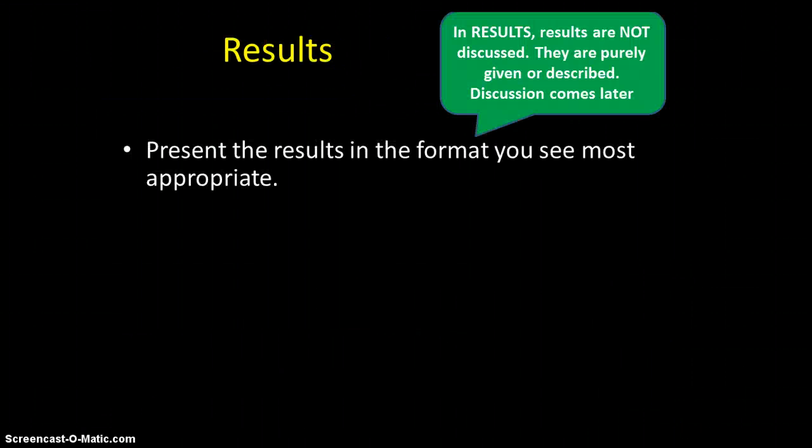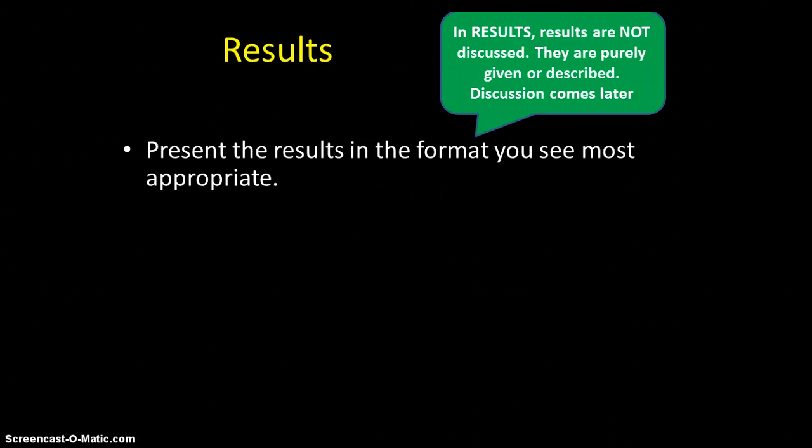So, results. You choose how to present your results, and you need to be able to justify your choices. Do not, in the results section, discuss what your results imply, purely present them in this section. You actually get into the meat of discussion in the discussion section.